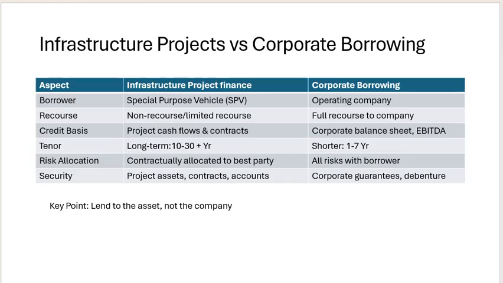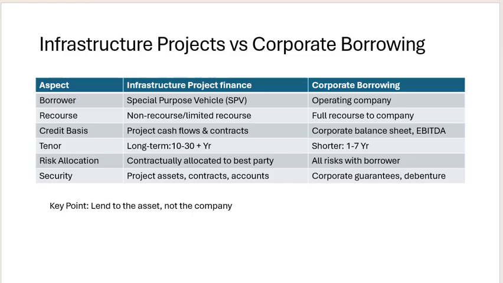In the case of the special purpose vehicle, the lender is not able to touch the balance sheet or use the personal assets of the sponsor. But in corporate borrowing, they can touch the personal assets or the balance sheet to recover their debt service, principal and interest.